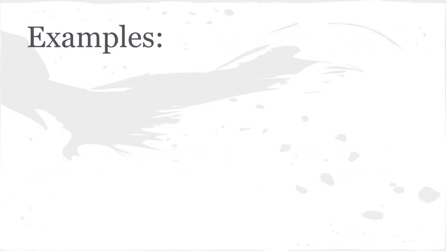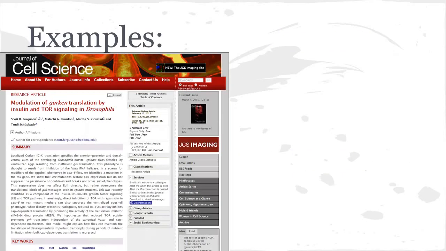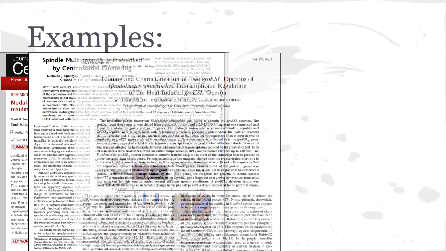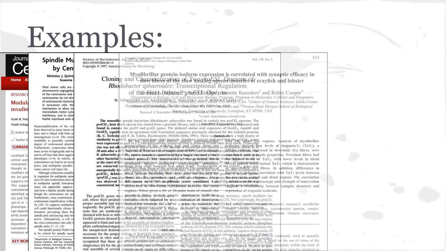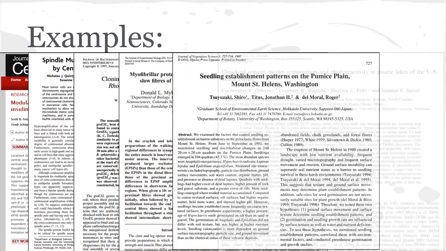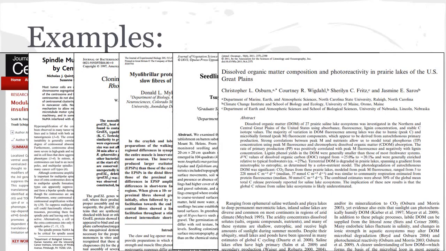Okay? Some examples. Here is a primary literature source from Dr. Ferguson. Okay, Dr. Ferguson's paper on Tor signaling in the fruit flies. Here's one from Dr. Quintine, one from Dr. Lee, one from Dr. Medler, Dr. Titus, and Dr. Wigdal.